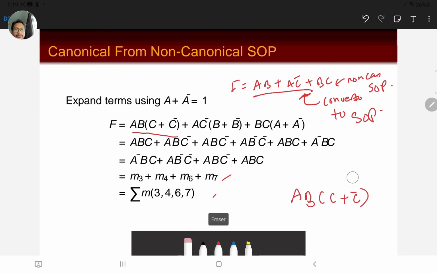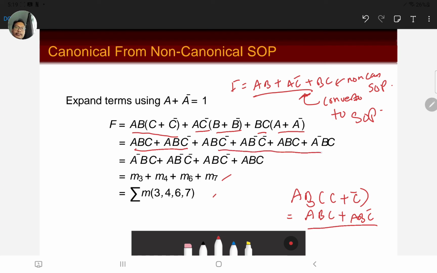So we can expand this to ABC plus ABC bar, and now this becomes a canonical form. We do the same here: AC bar, B is not there, and BC, A plus A bar. We can expand all that, simplify if there are similar terms, and then we get our representation in the min term form.